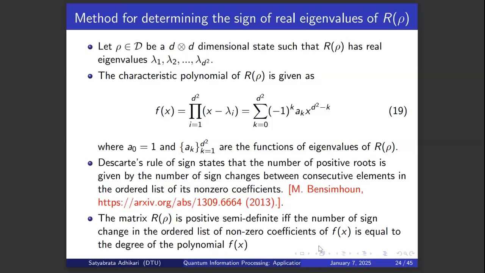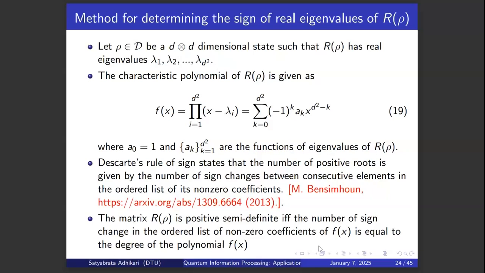For any arbitrary d-dimensional system, the characteristic polynomial required to determine the eigenvalues is given by equation number 19.